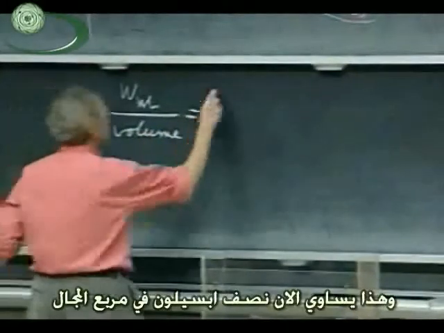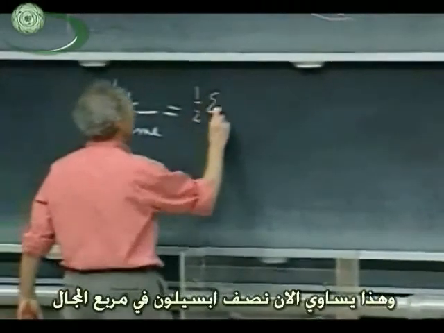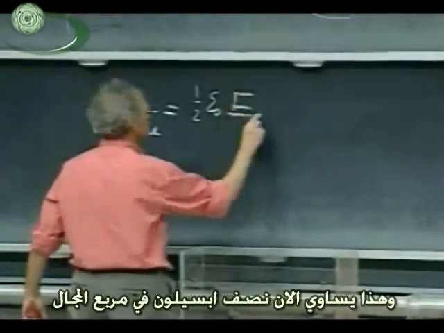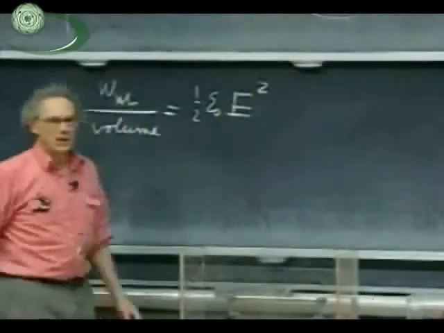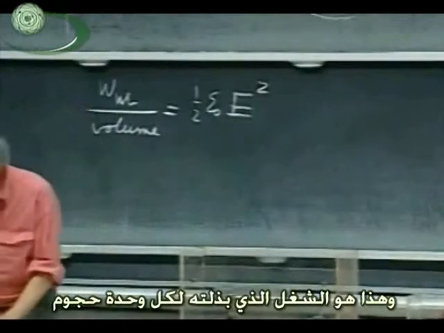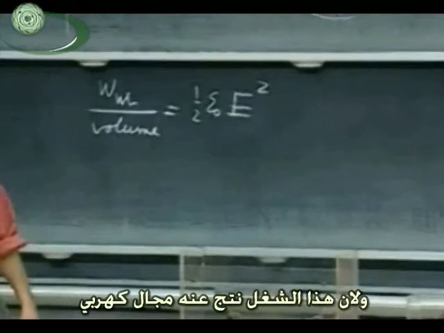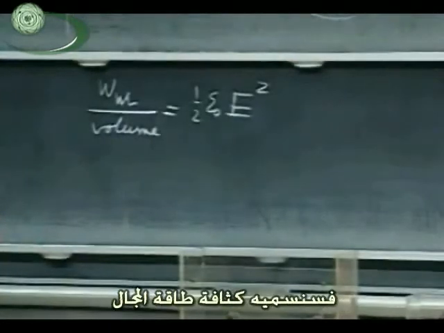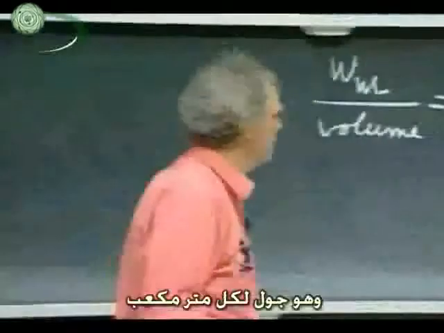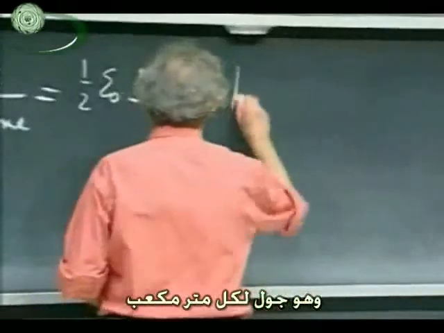And that now equals 1/2 epsilon 0 times E squared. This is the work that I have done per unit volume. And since this work created electric field, we call it field energy density. And it is in joules per cubic meter.